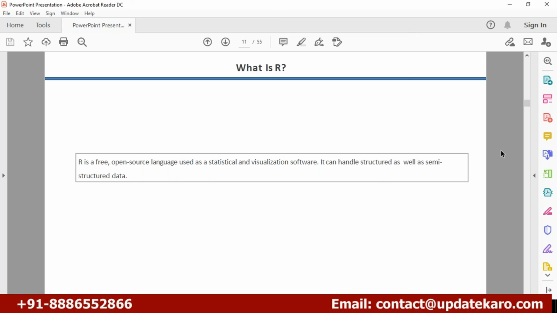It is free, and this is also statistical software, and its visualizations are at par with other visualization tools. So they can install R anytime into their ecosystem. So it can handle both structured and semi-structured data.